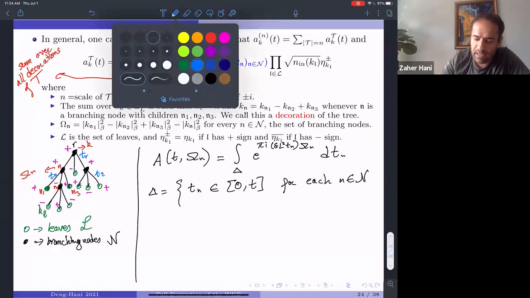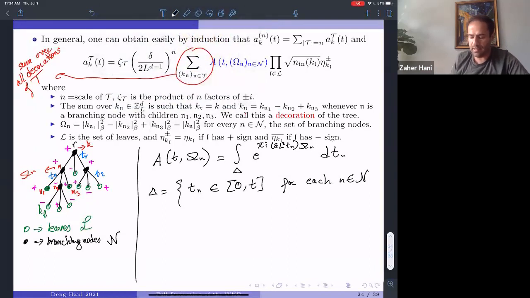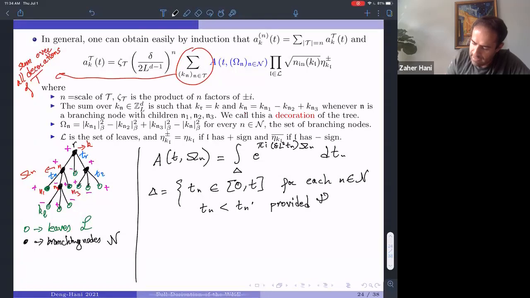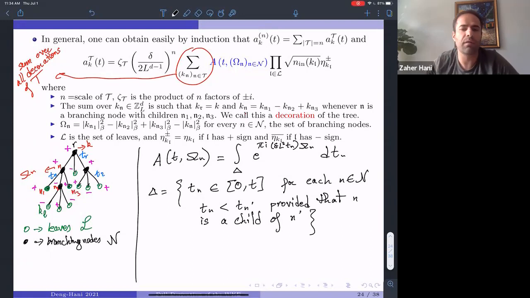And the relation between these times is the following: you have that t_n is less than t_n prime, provided that n is a child of n prime. So you have a partial ordering over those time variables.